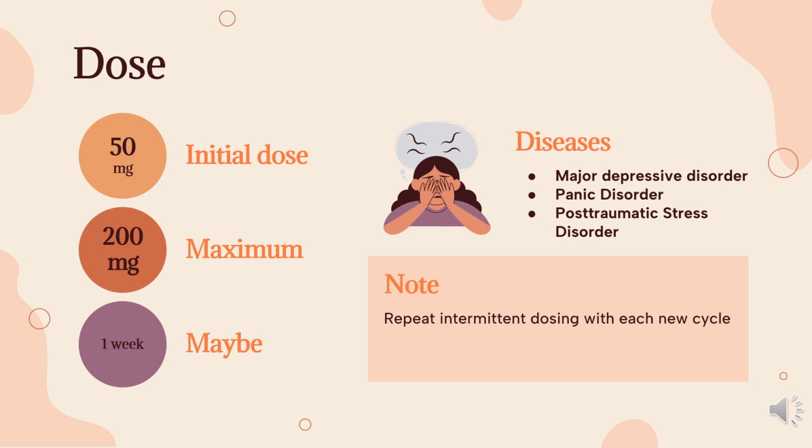Initial, 50 mg per day intermittently, only during the luteal phase of the menstrual cycle, i.e., starting daily dosage 14 days before the anticipated onset of menstruation and continuing through the onset of menses. Repeat intermittent dosing with each new cycle. May increase to a maximum 100 mg per day during the next menstrual cycle. Subsequent cycles, 50 mg per day during the first 3 days of dosing, followed by 100 mg per day during the remaining days in the dosing cycle.